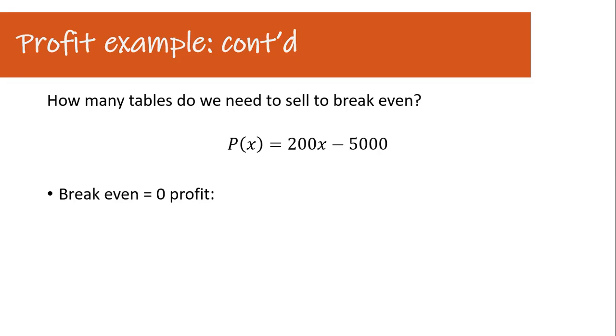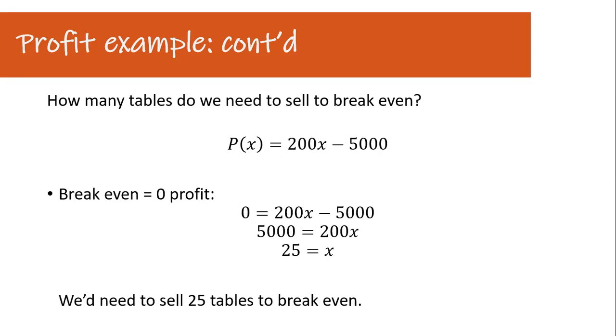So all we need to do is set this equal to 0. So we get 0 equals 200X minus 5,000. Bringing that 5,000 to the other side, we get 5,000 equals 200X. Then using some basic algebra to get X on its own, we see that 25 equals X. You would need to sell 25 tables to break even. Seems like a lot of tables for an amateur woodworker. I hope it's not an amateur case.